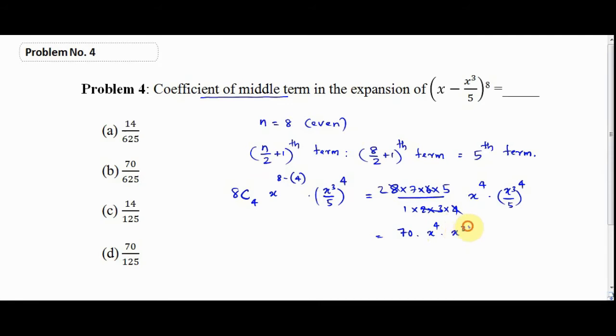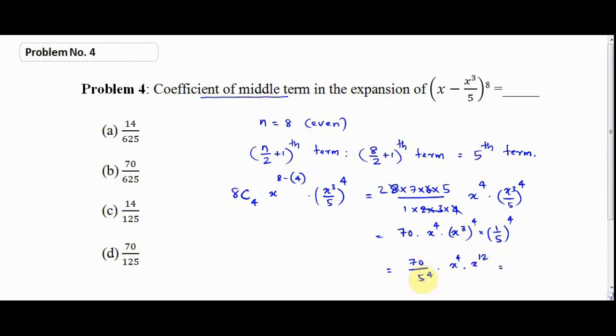So we have 5^4 in the denominator: 70/5^4 · x^4 · x^12.